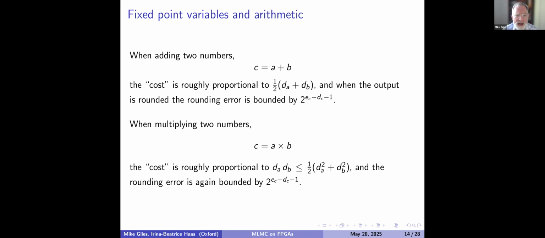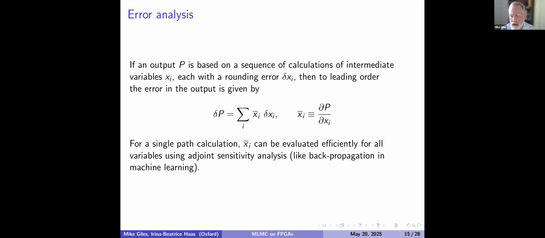It's convenient for us to have costs where we have sums of terms that depend only on one or other of the inputs. That'll pop up when we talk about the optimization later on. And again, the rounding error is bound by the same magnitude. Okay, so we have an idea now about the cost of implementing the FPGA algorithm.